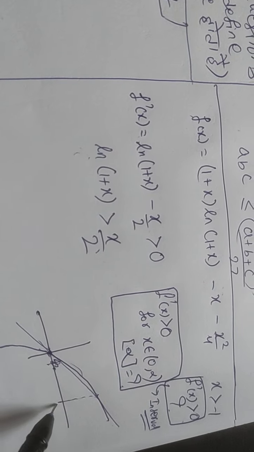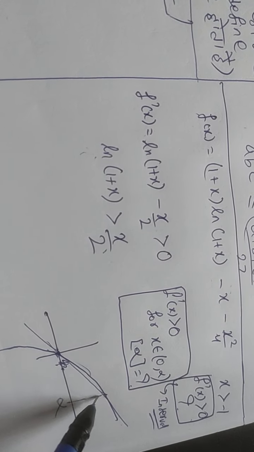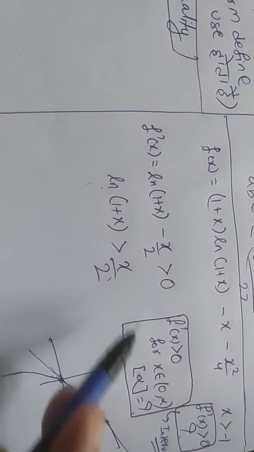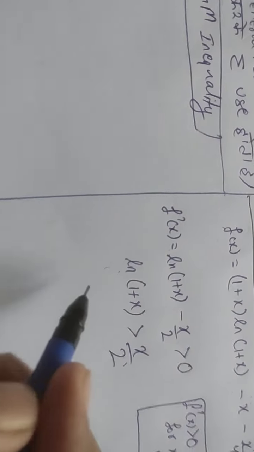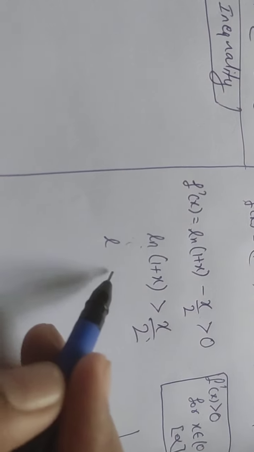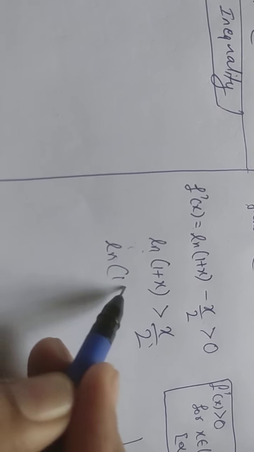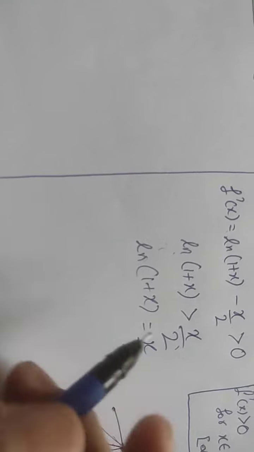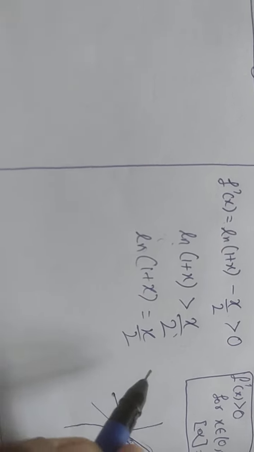So from 0 to alpha, we have to just find the alpha here when this is equal to this, right? So what I did is 1 plus x is equal to x by 2. Now I'm just thinking what to do.